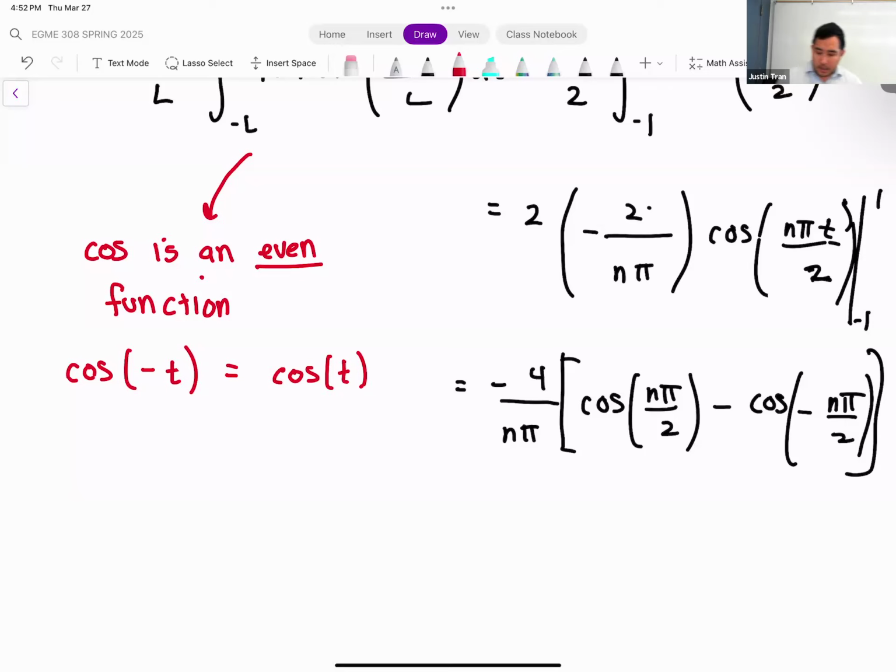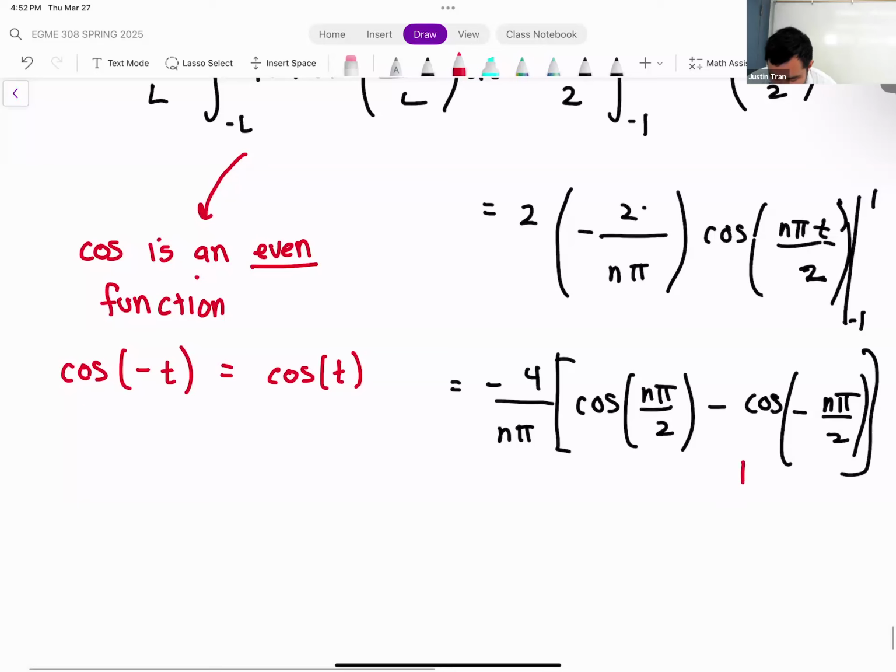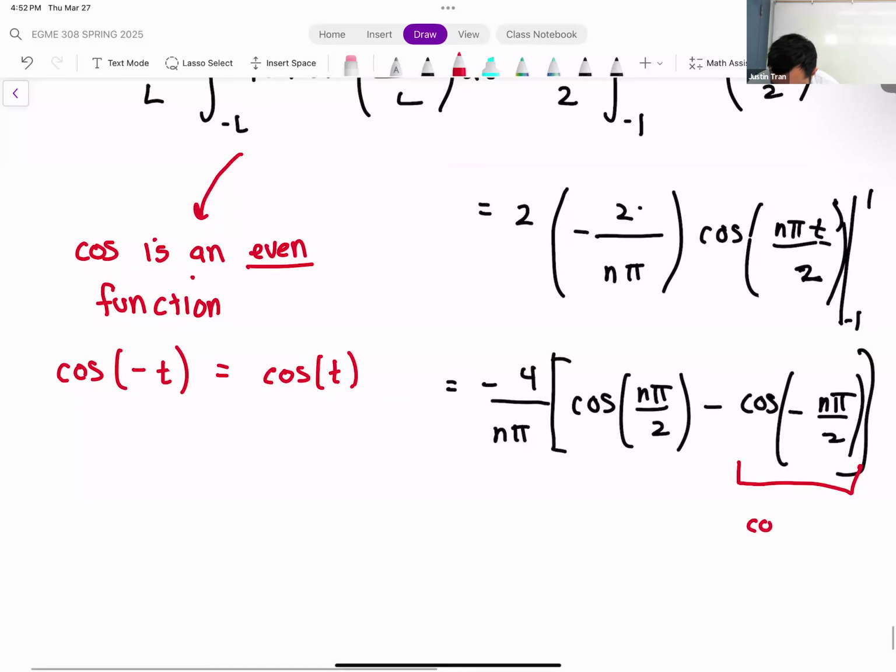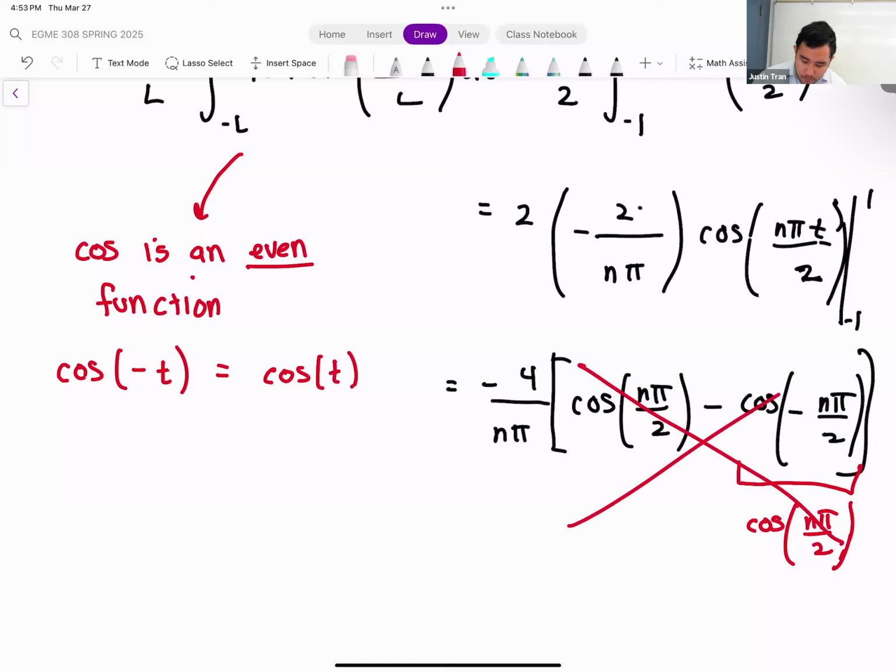So the minus sign just gets eliminated. And because of that, what we can say is that this expression here, this cosine of minus n pi over 2, just becomes cosine of positive n pi over 2. And since we have cosine n pi over 2 minus cosine of n pi over 2, those two things, of course, are going to cancel out.